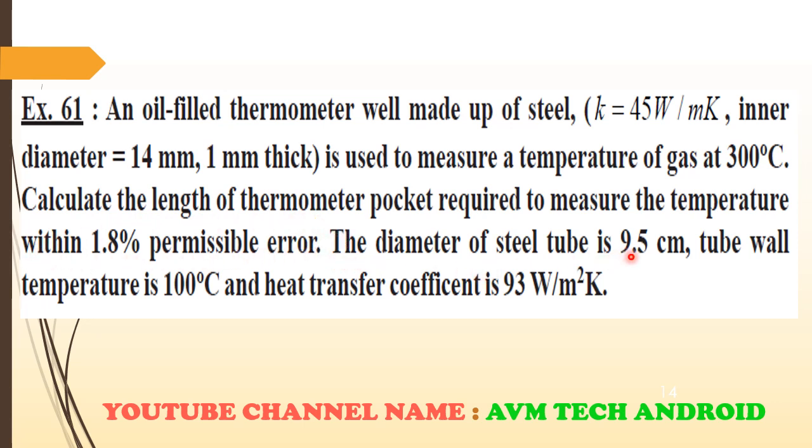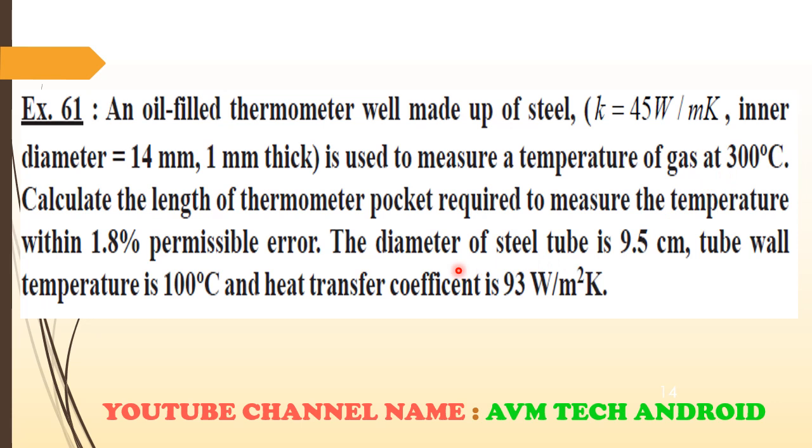The diameter of the steel tube through which the fluid is flowing is 9.5 centimeter. The tube wall temperature is 100 degrees Celsius and the heat transfer coefficient is 93 watt per meter square Kelvin. So for the thermometer well, the thermal conductivity, inner diameter, thickness and gas temperature are given.